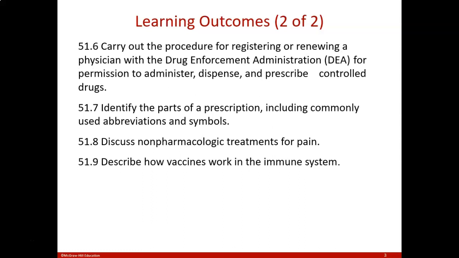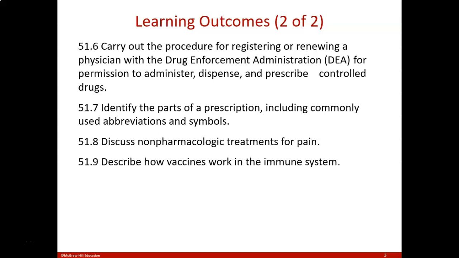We'll talk a little bit about the DEA, what the DEA number is, and how it relates to narcotics and controlled substances, how to tell if something is a controlled substance, and the different scheduling levels within the controlled medications. Another important aspect that we'll cover is identifying the parts of an actual prescription, and we'll break down what each area is.